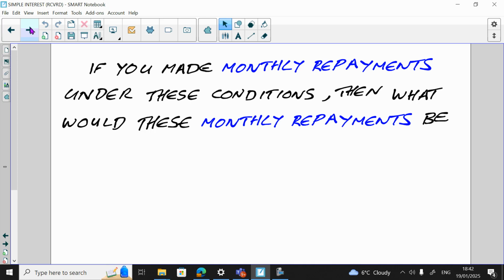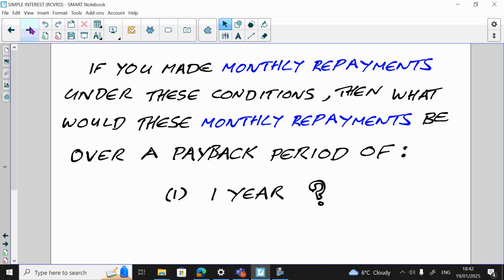It's more common monthly repayments, because more often than not, people get paid by the month. And if they don't, then banks just say to them, well, you have to pay by the month, or credit unions will say to them, pay by the month. Or these financial institutions will say, pay by the month.